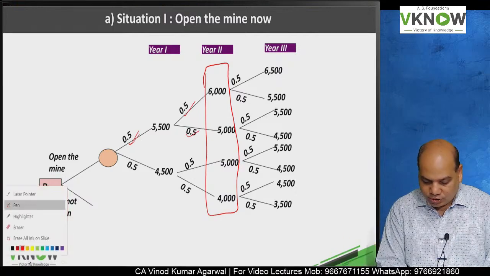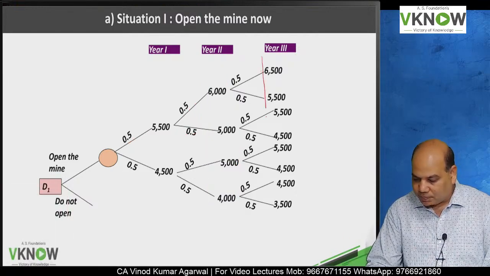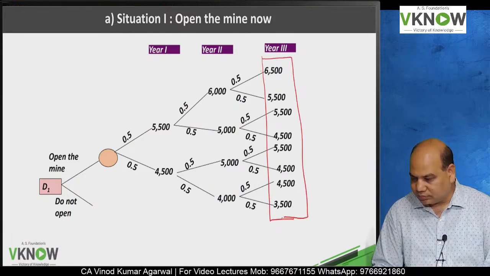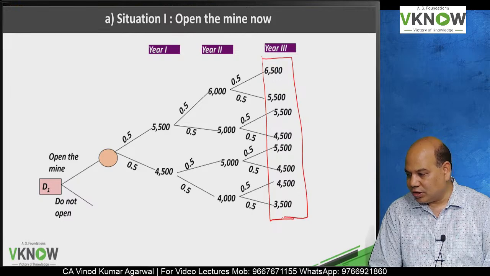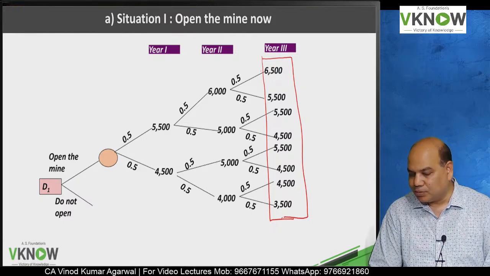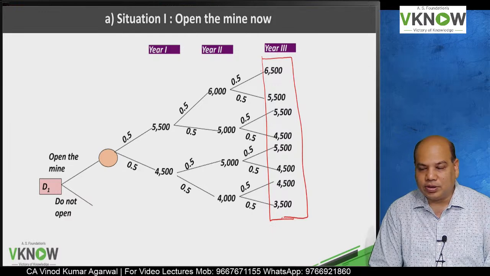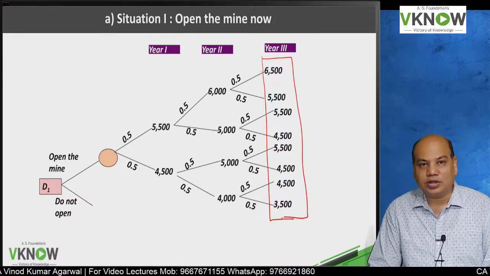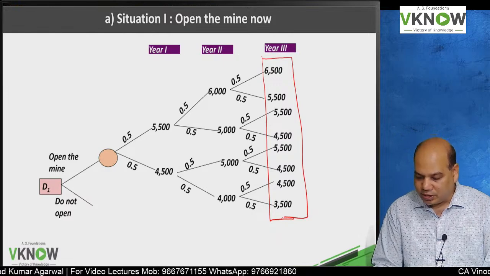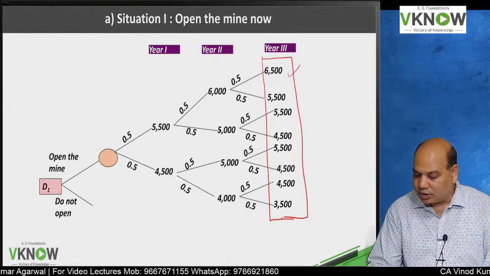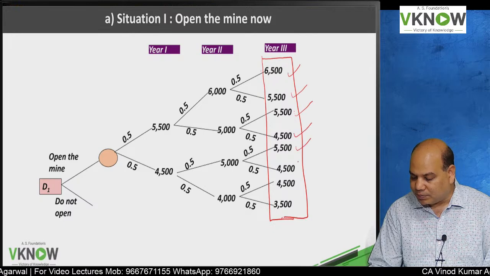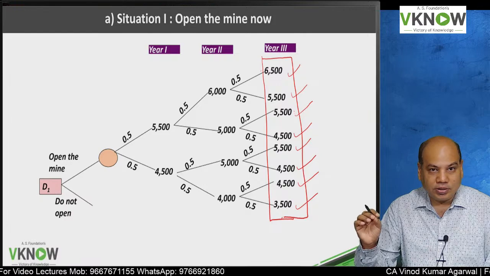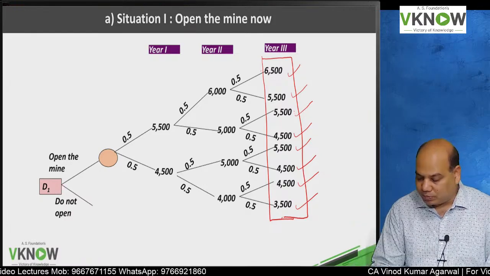One more question. What is the probability of each of these numbers in year 3? You will get 6500 in year 3. What is the probability? In the third year we have 8 possibilities, and all of them are equiprobable.